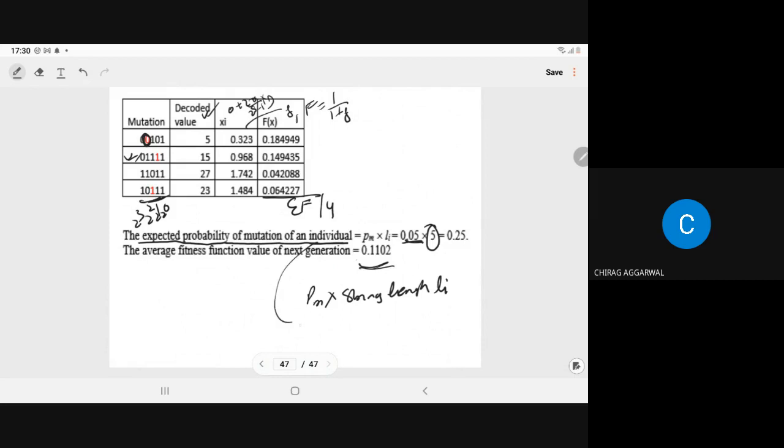If it is asked for the population, meaning the whole, then it is PM into Li into the number of strings, that is into 4 also. Okay, sir. Thank you. For one individual the expected count is 5 into 0.05, which is 0.25, so 0.25 will change.